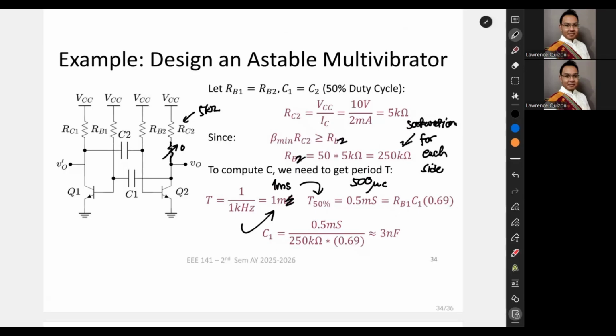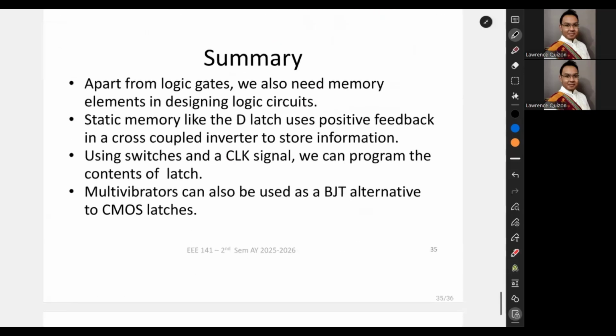So 500 microseconds equals this. Then we manipulate the equation to finally get 3 nanofarads for the capacitor value. And since we are symmetric, C2 also has to be 3 nanofarads. All right, so with that ends the lecture.